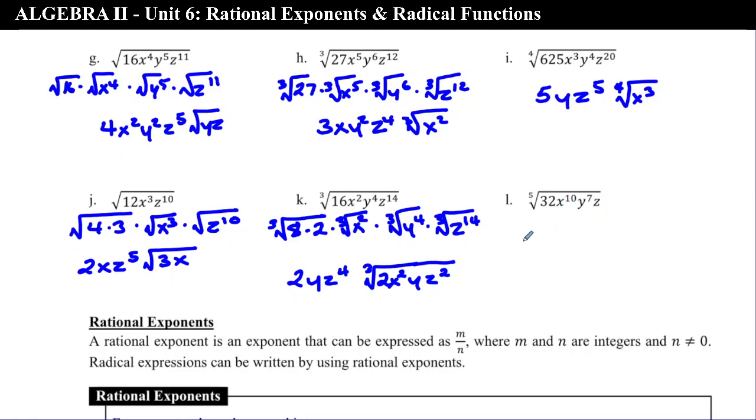And then finally, for this last example, for L, we have the fifth root of 32 times the fifth root of x to the 10th times the fifth root of y to the 7th times the fifth root of z. Well, the fifth root of 32 just happens to be 2.